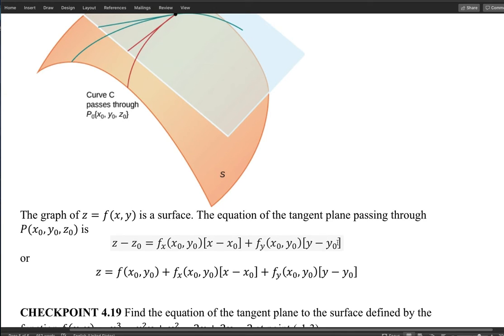That is the equation of the tangent plane. And if you are reading the textbook, this is how the equation would look. They are equivalent, right? You see that.